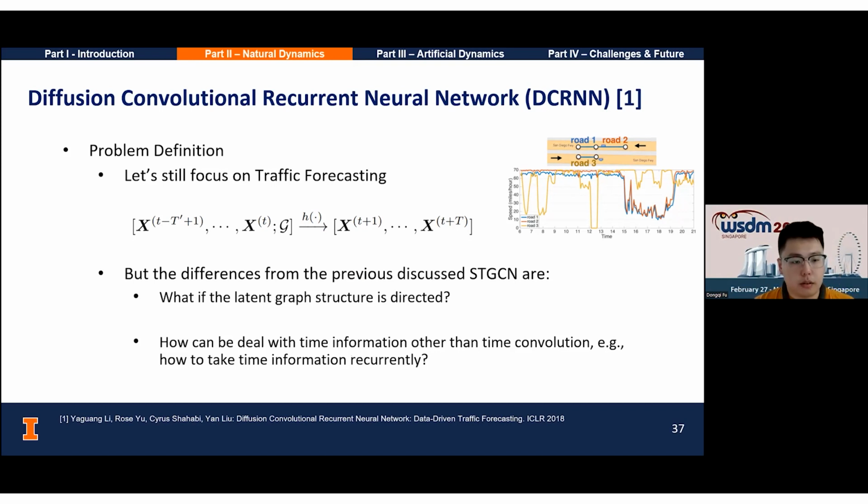But the differences from DCRNN to our previously discussed STGCN are, first, what if the latent graph structure is directed? And the second difference is how can we deal with the time information other than the time convolution? For example, how could we take the time information recurrently?